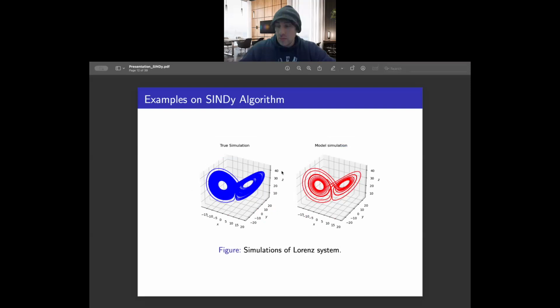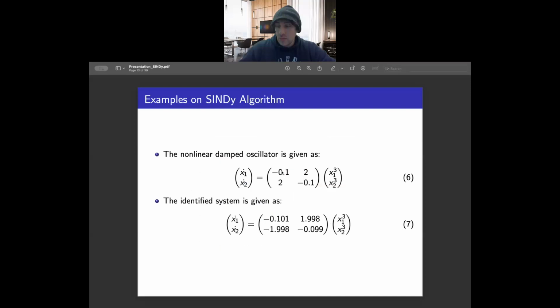The second example is about the cubic, where we have this nonlinearity. This is the nonlinear damped oscillator. Equation 6 is the theoretical system that we constructed, and equation 7 is what was actually captured by SINDy. Again, you can see the coefficients are somewhat similar to what we have from the theoretical system.